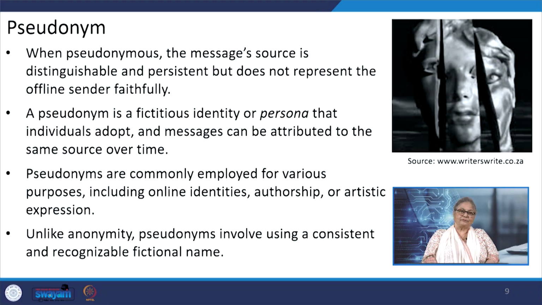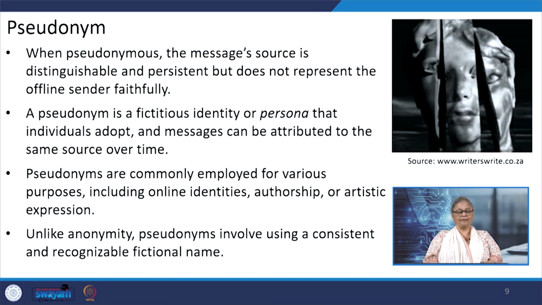The use of pseudonyms is also popular. When pseudonymous, the message's source is distinguishable and persistent, but it does not represent the offline sender in a faithful fashion. A pseudonym, as we understand, is a fictitious identity or a persona that individuals adopt, and messages can be attributed to the same source over a passage of time.